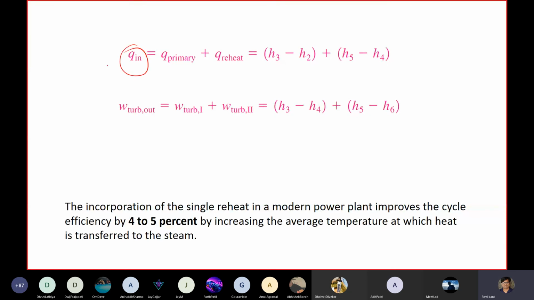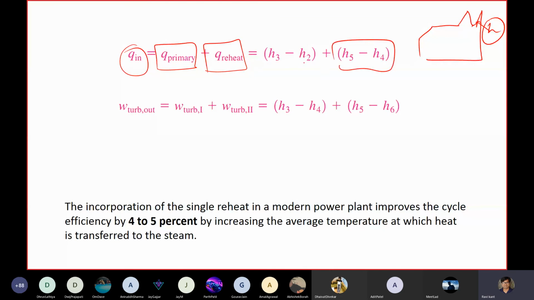So in general, your Q in will now be Q primary plus Q reheat. The reheat part is H5 minus H4. This is in addition to your previous H3 minus H2.